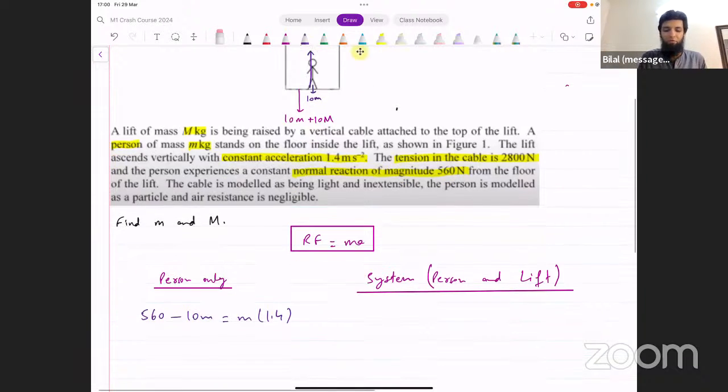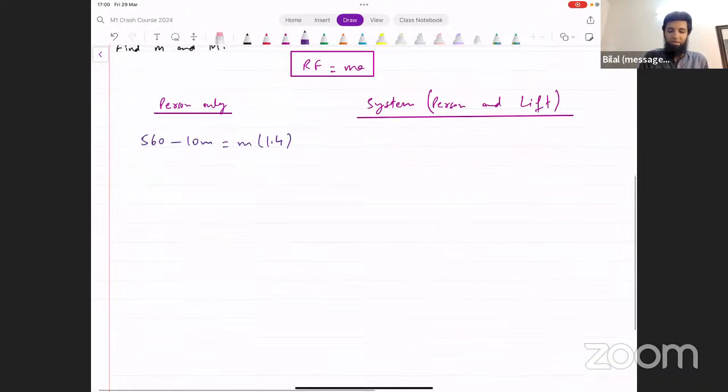All right. So the forward force is 560, the backward force is 10m. What does that give you? That will give you the value for m. That is 560 equals 11.4 times m. And that will give you m.